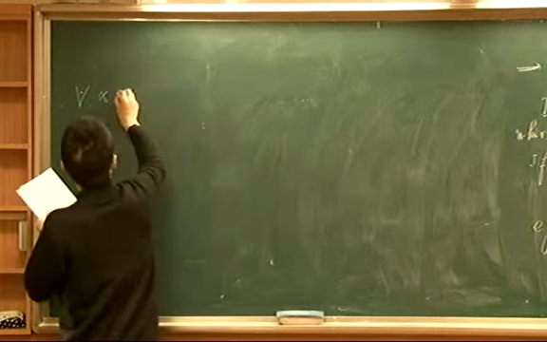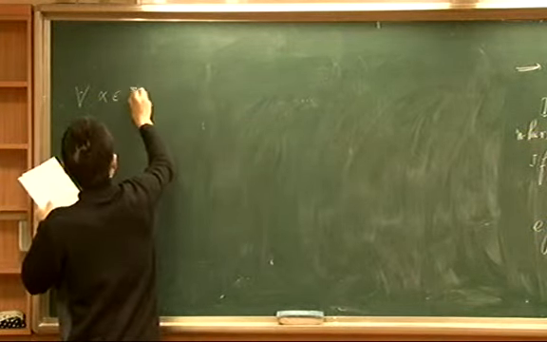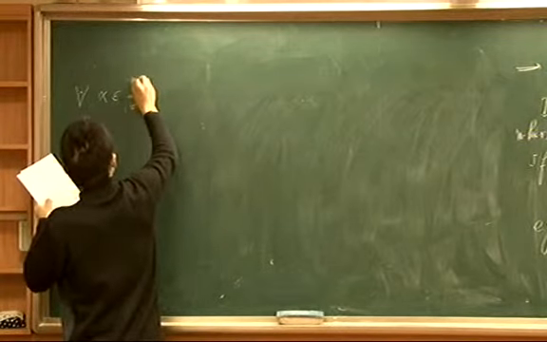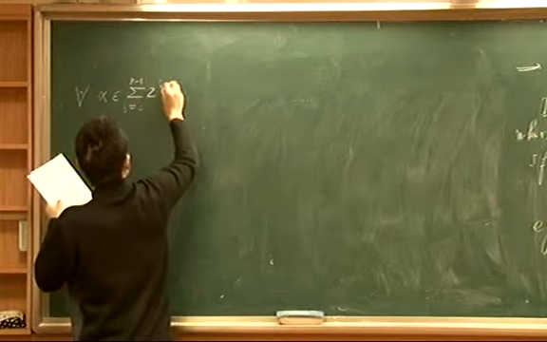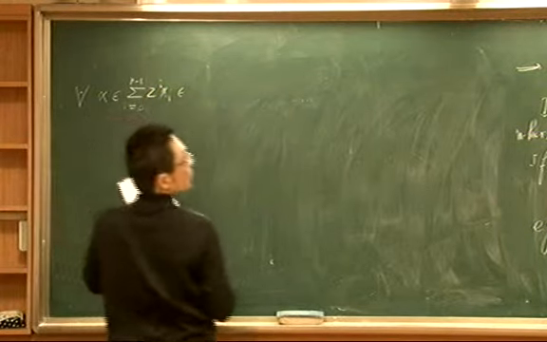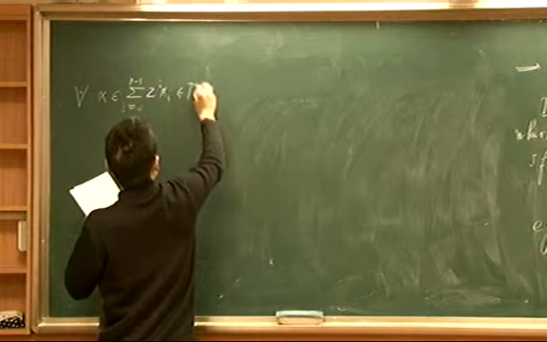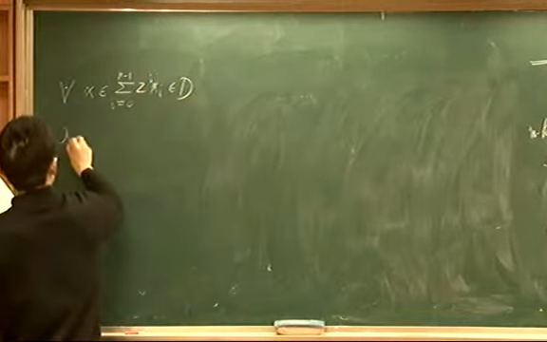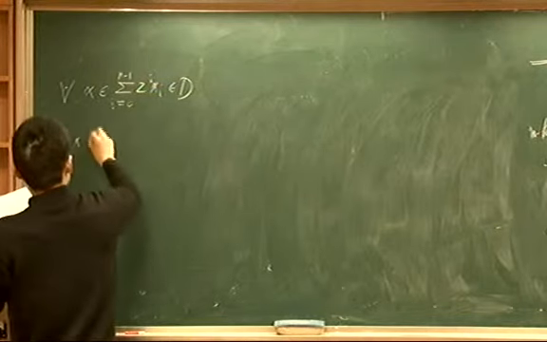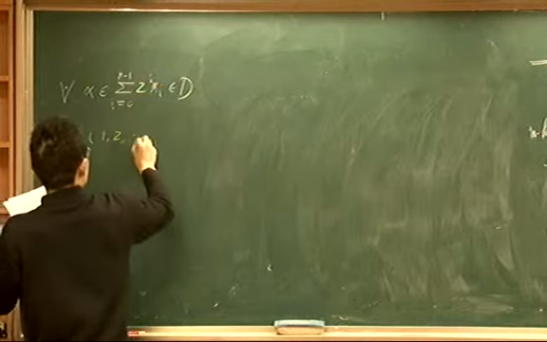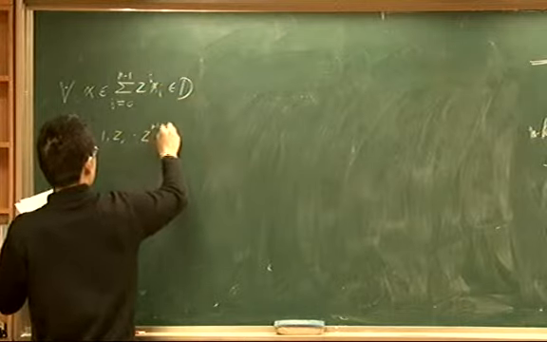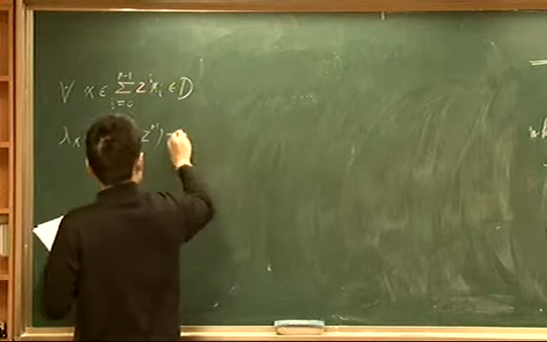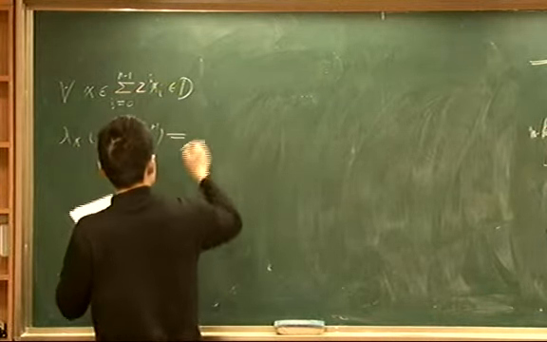If x belongs to D, x equals the sum over i from 0 to n-1 of z^i x_i with x_i in K. We can also take lambda_x on the basis 1, z, up to z^(n-1), and from this we get a matrix.